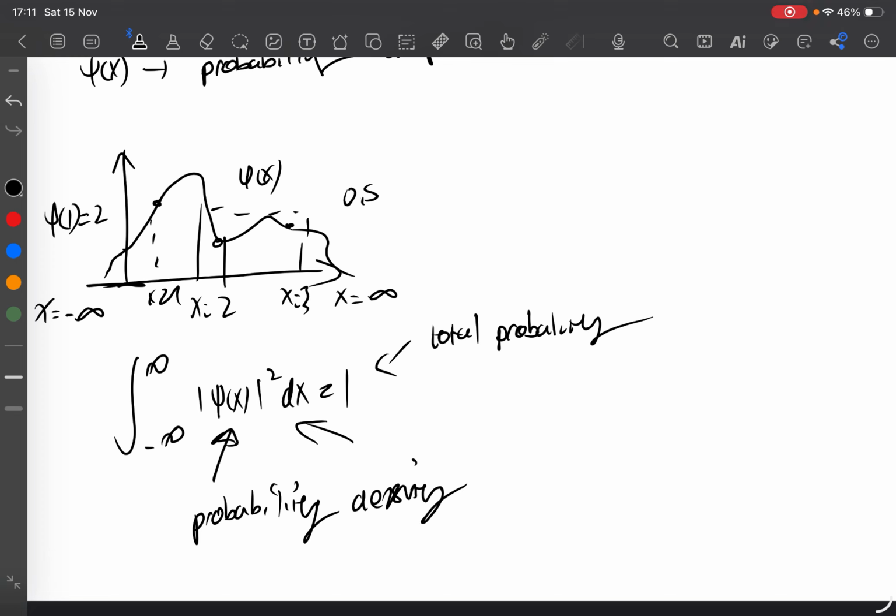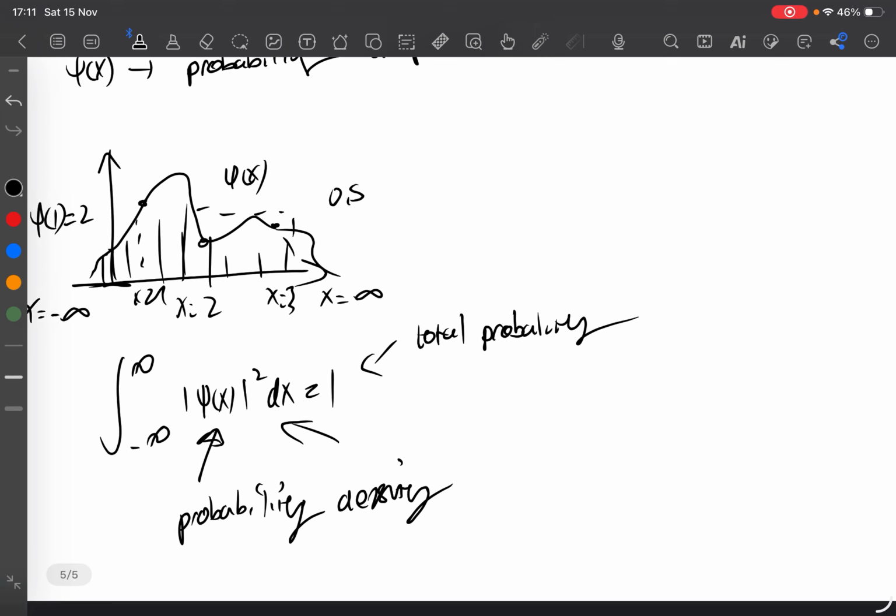The density over every single small value of dx, multiplied together for each value here, will add up to 100% from negative infinity to infinity.